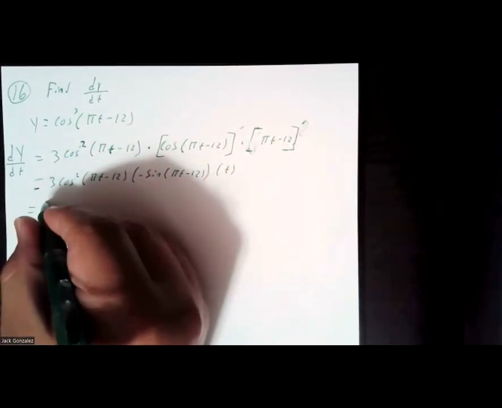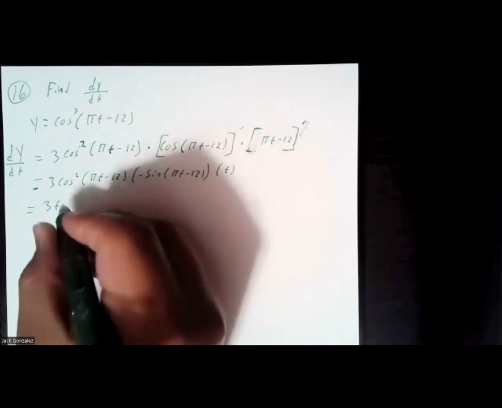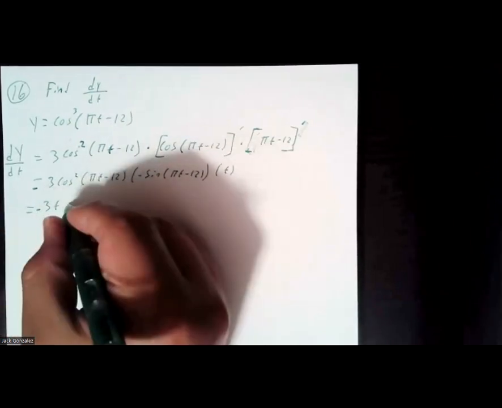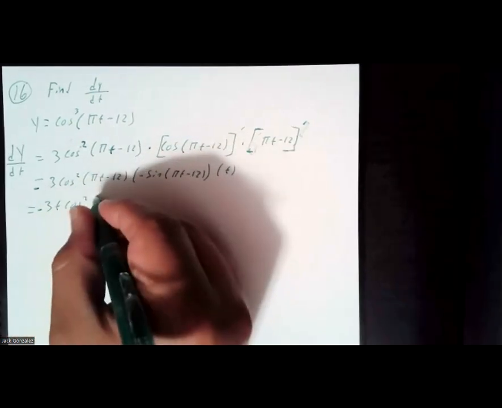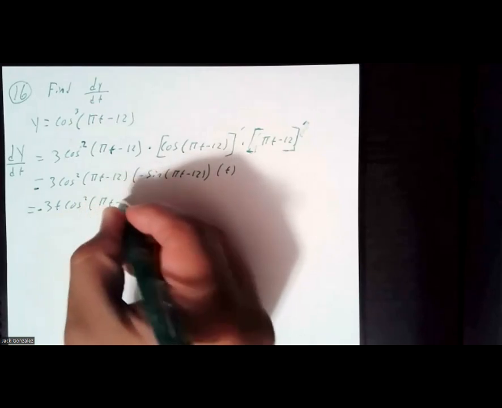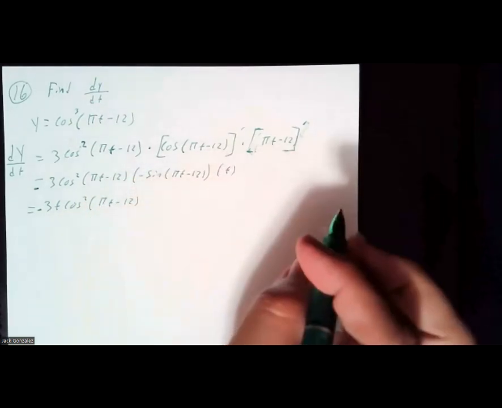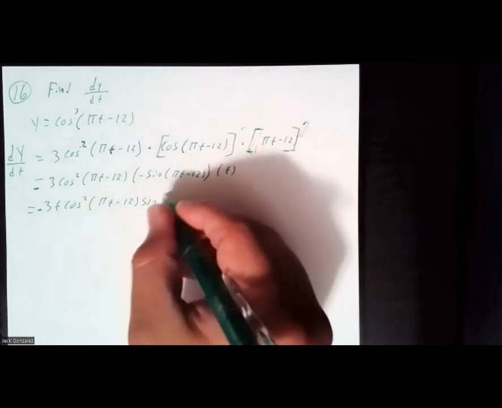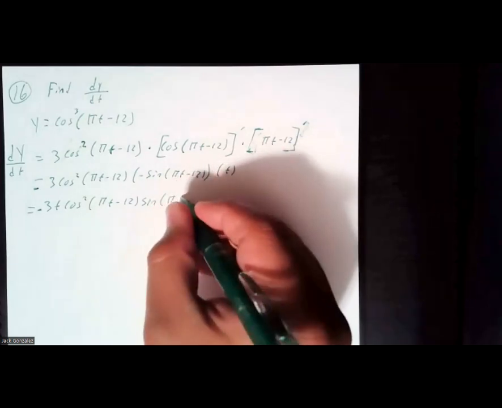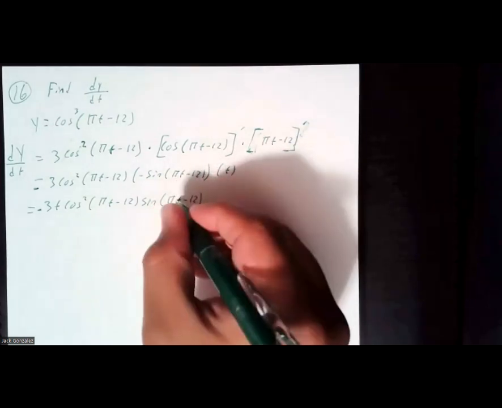So final answer will be 3t negative cosine squared of pi t minus 12 times sine of pi t minus 12.